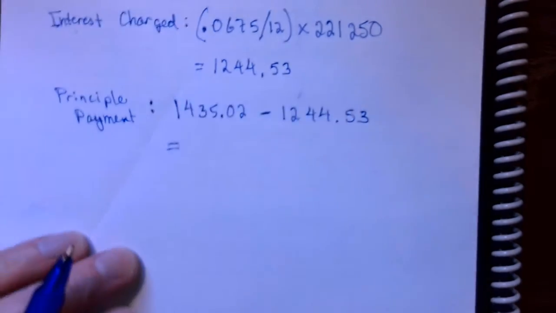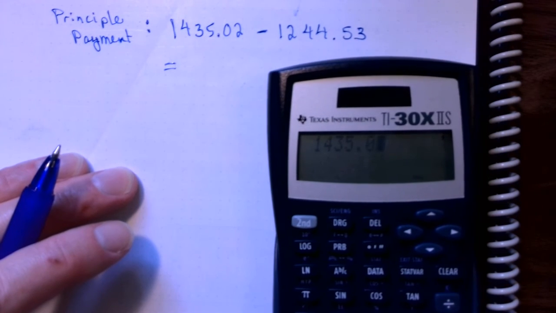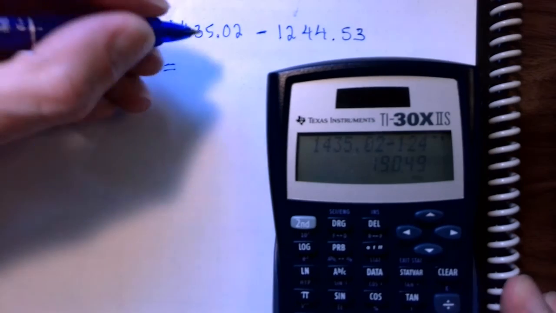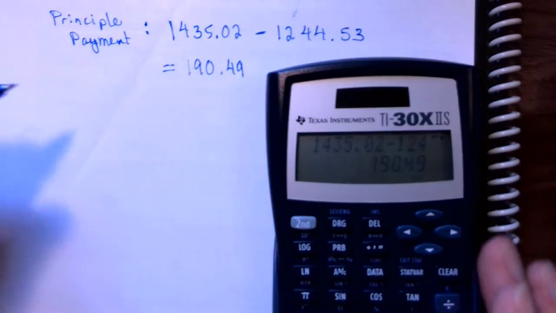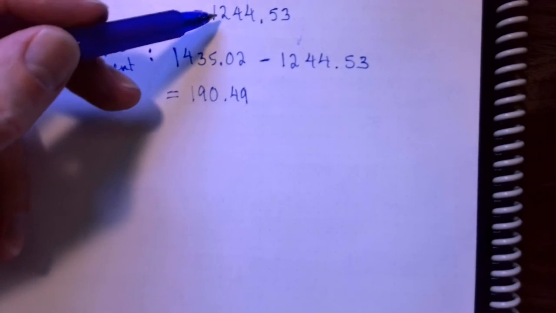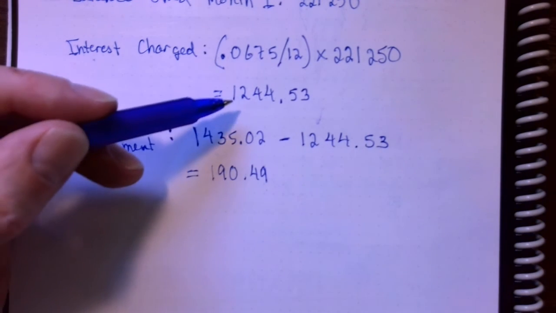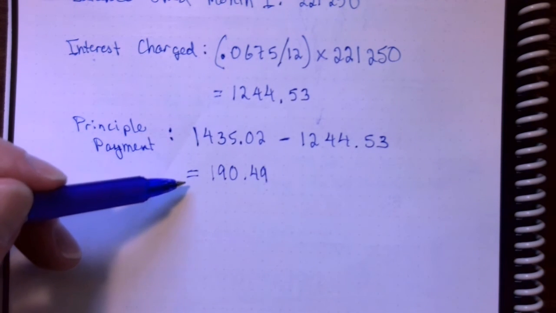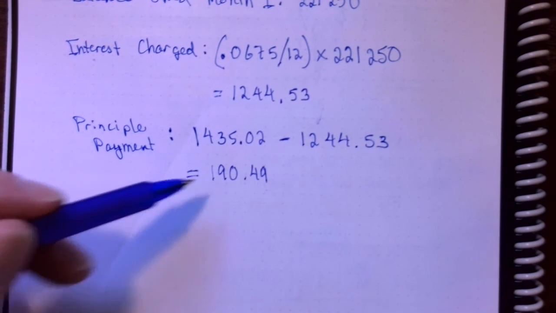You subtract to get the amount that's going to go to principal. So we have $190.49. Okay, so that much goes to principal. You look at the amount you owe, take the percentage, that's the amount of interest you have to pay. The remainder of your monthly payment is going to go to principal. So you take your monthly payment, subtract away the amount that's going to interest. This goes to pay down your principal.